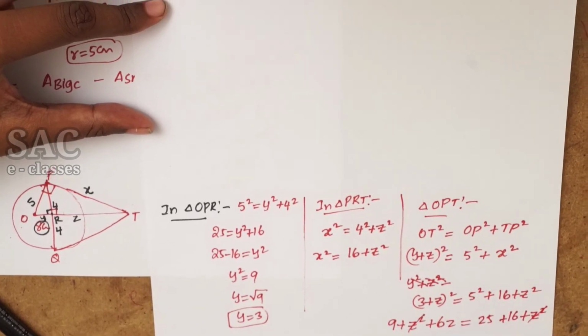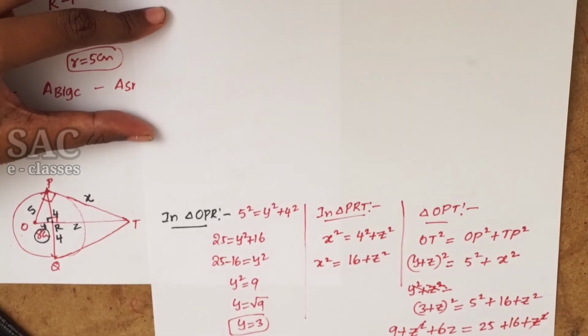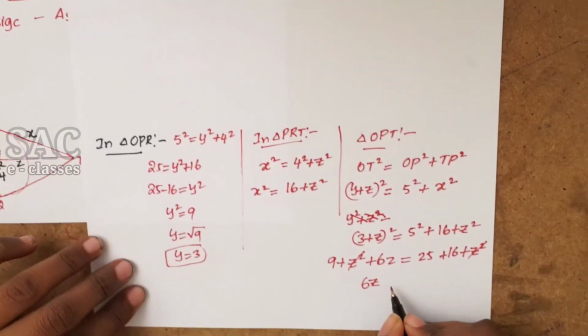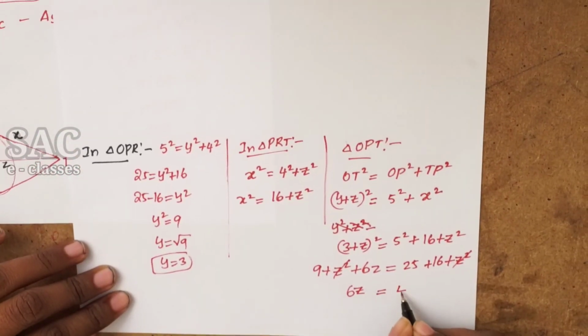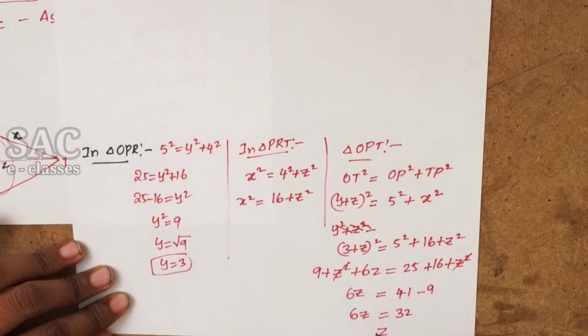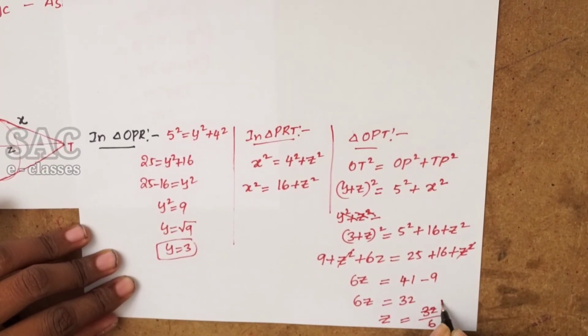Z square gets cancelled. 6z is equal to 41 minus 9. Then 6z is equal to 32, where z is equal to 32 by 6, which is 16 by 3.